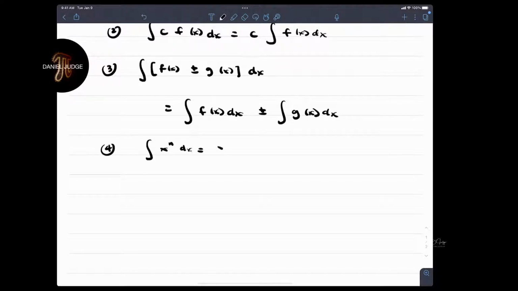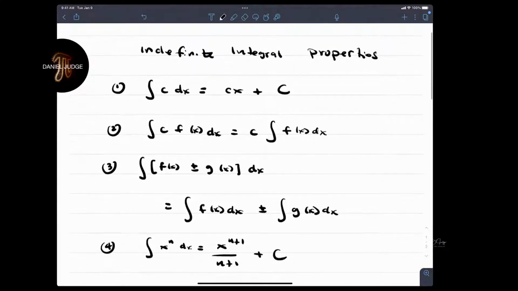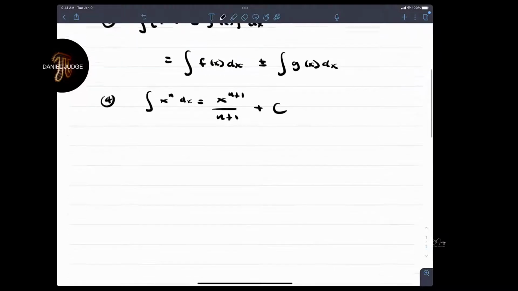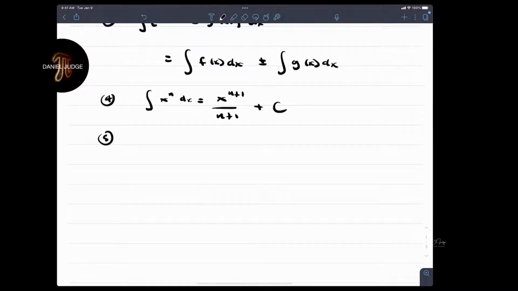Power rule: the integral of x to the n is x to the n plus 1 over n plus 1, plus c. So I started to write down some of these indefinite integral properties for us. This is the general form.